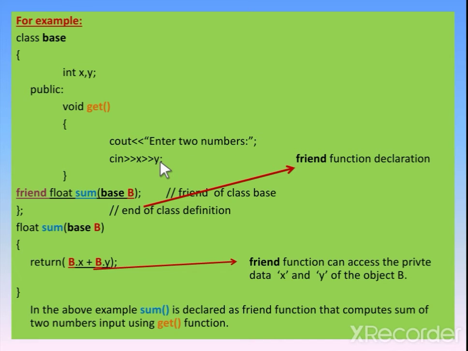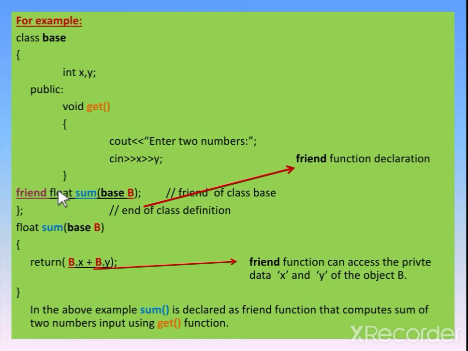Next, see here, friend function declaration. Here, friend of a class base: friend, that is the prefix, float, the return type specifier, sum, that is the function name, with the class name base and argument or object b. What is the syntax of a friend function?